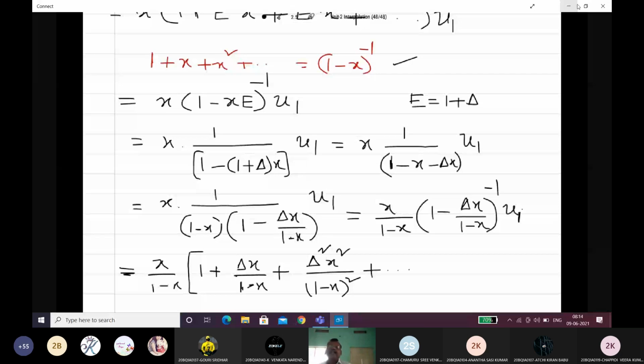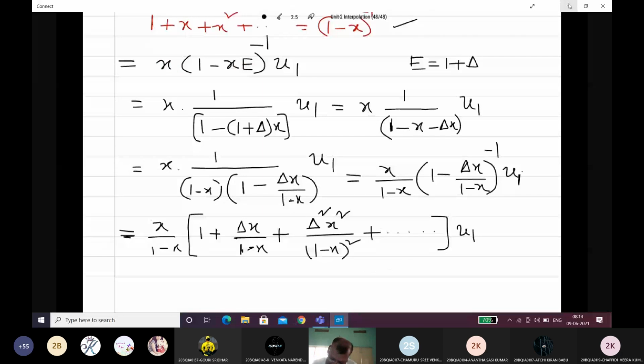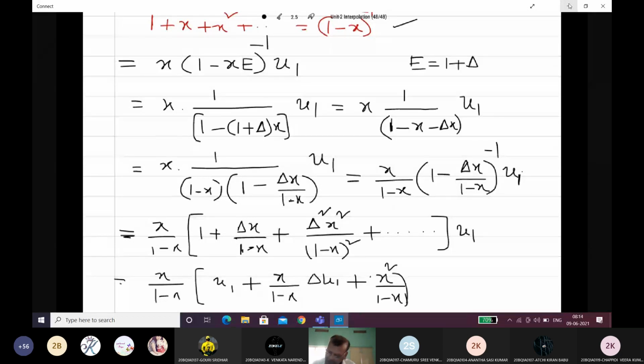Here delta is related to u1, u2, u3, not to x or 1 minus x. Therefore, again rewrite this as x by 1 minus x of u1 plus x by 1 minus x into delta u1 plus x square by (1 minus x) whole square into delta square u1 and so on.